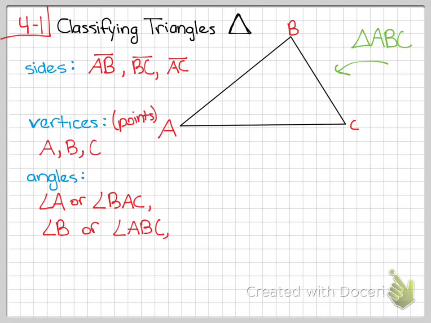And then the last one would be angle C or angle ACB. So those would be the 3 sides, the 3 vertices, and the 3 angles of the following triangle. If you were given this, you should be able to name 3 for each.